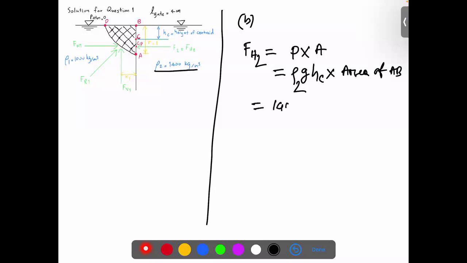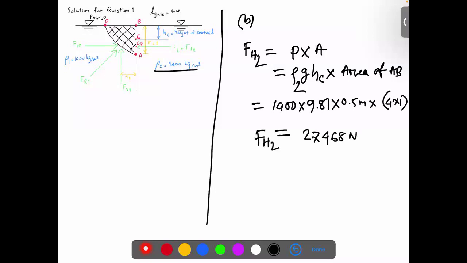Second fluid density is 1400, gravity 9.81, 0.5 meter is the centroid location, and the area, we already know, is 4 into 1. So this will be 27,468 Newton. This is F2 that we got. That's the resultant force here, because we have basically just the one force acting on the surface.